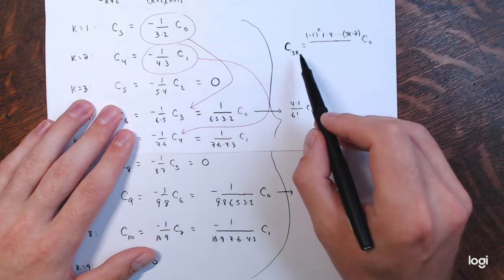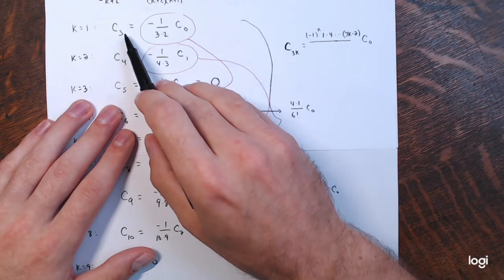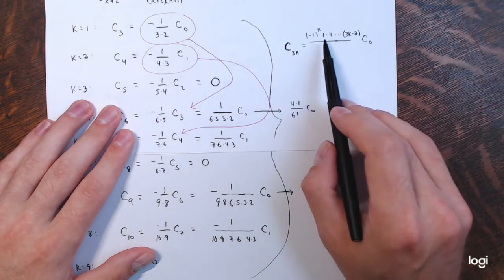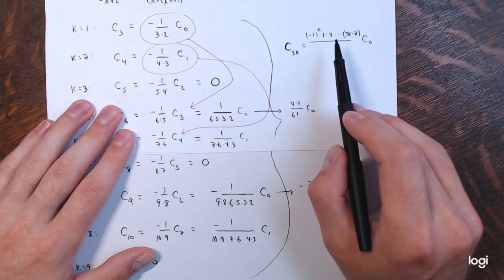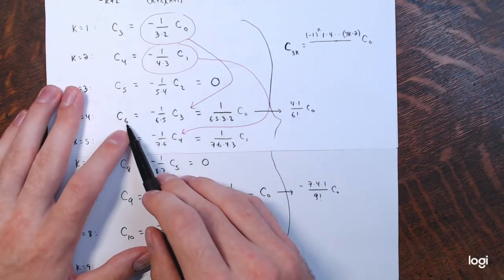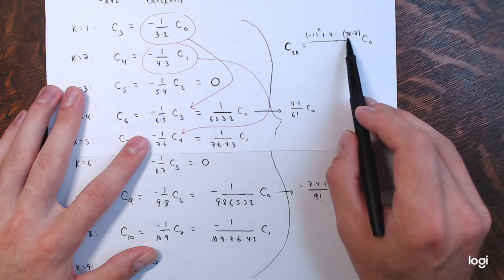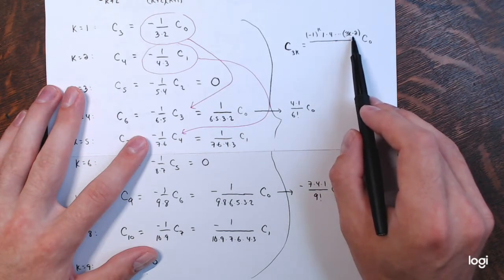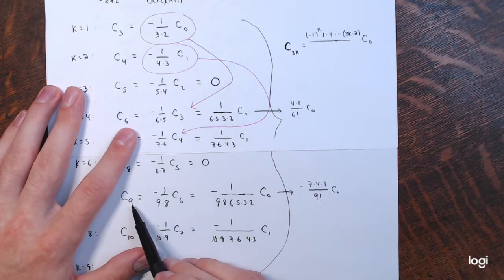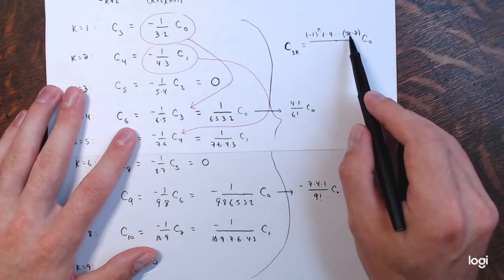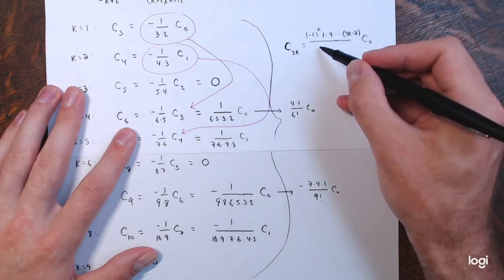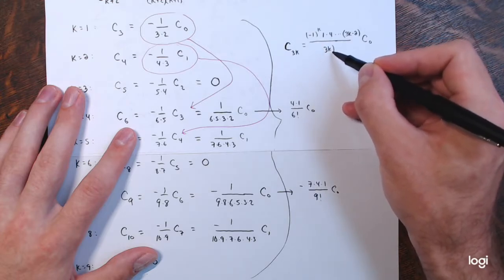Let's see if that works. When k equals 1, we just have 1, stop at 1. When k equals 2 for C sub 6, that'd be 1 times, stop at 4. When k equals 3 for C sub 9, you stop at 7. Right, and then divided by 3k factorial.